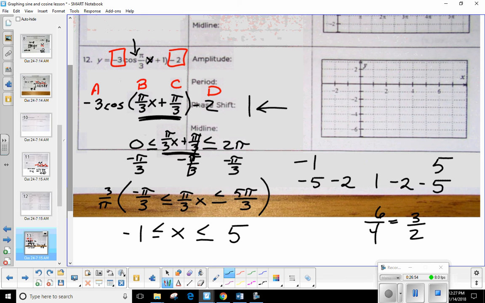What's negative 1 plus 1.5? Ooh, no, we're adding. So 1/2, so just 0.5. So what's 0.5 plus 1.5? 2. And then 2 plus 1.5 would be 3.5. And will 3.5 plus 1.5 give me 5?